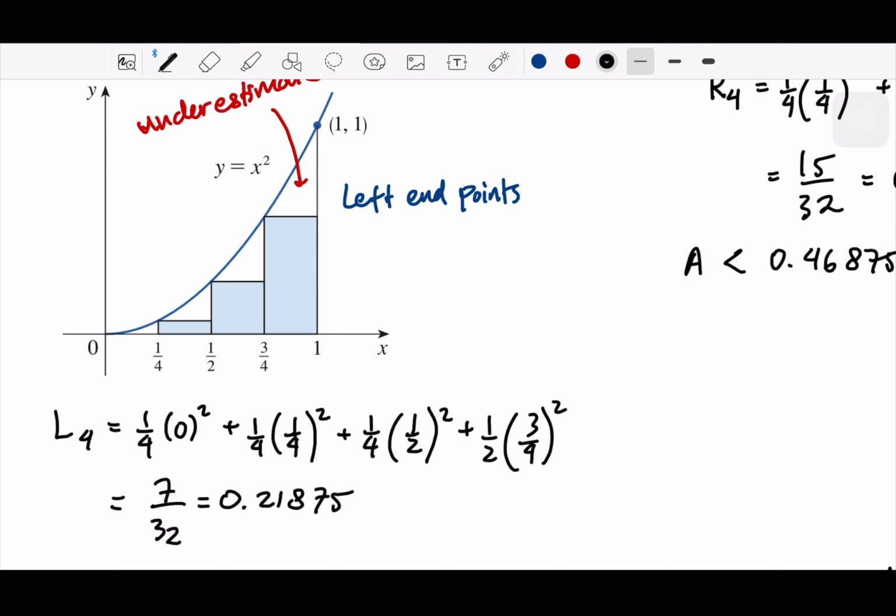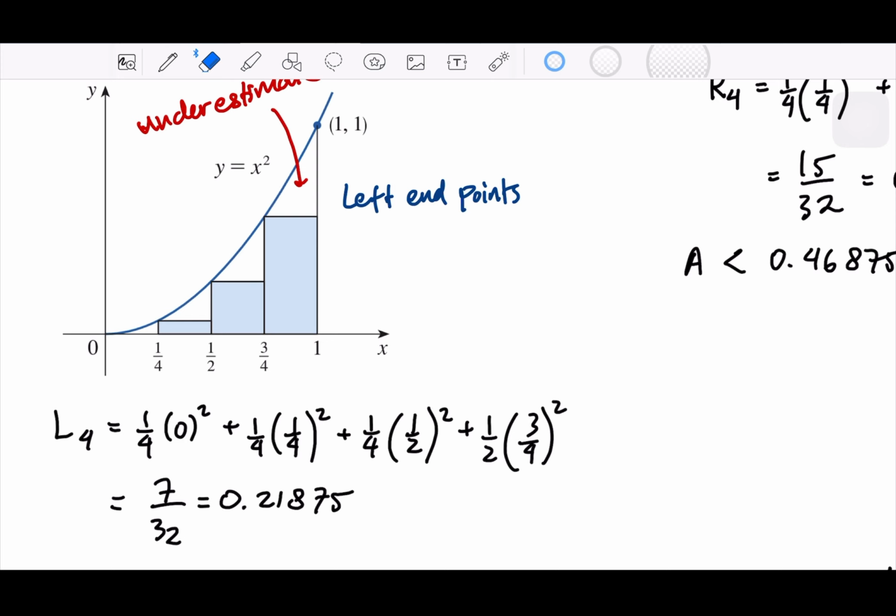So we can figure out that the area that we would like to find is between this number and this number. Sure. Why is the next one 1/2 times? This one? Good eye.